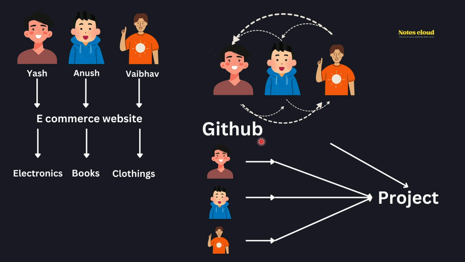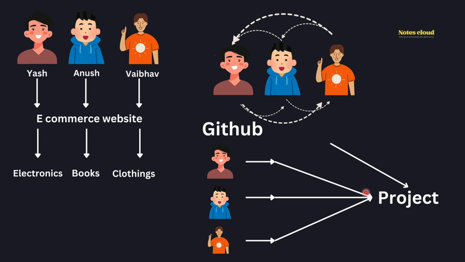Instead of manually sending files, Git allows each of them to work locally on their part of the project. They can make the changes on their computer using Git, and when they are ready, push their changes to a shared GitHub repository. On GitHub, they can also merge their individual changes into the main project without the headache of sending files back and forth.